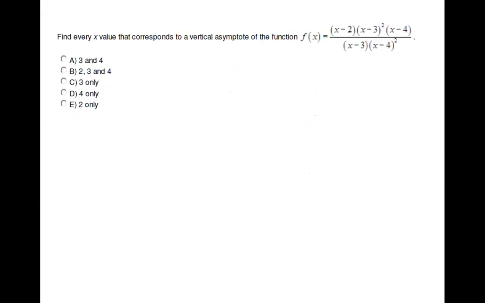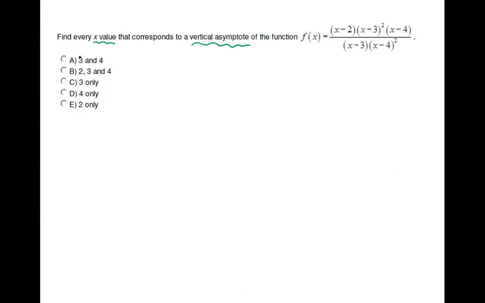Oh, this one is a nice question. I just need the x values that correspond to the vertical asymptotes. That means who can tell me how many vertical asymptotes this function has? 3. I mean, no, hang on. You're saying x equals 3? Or you're answering my question?